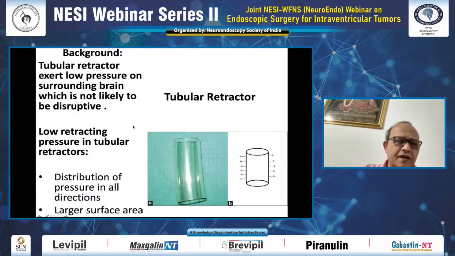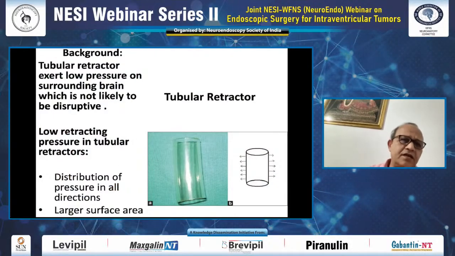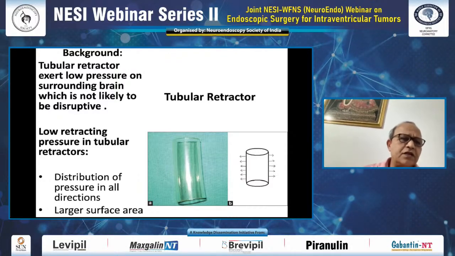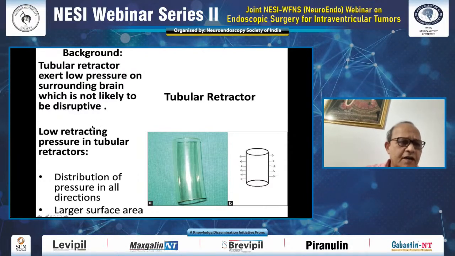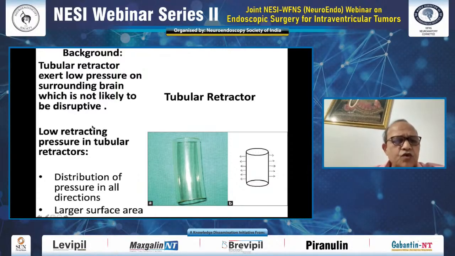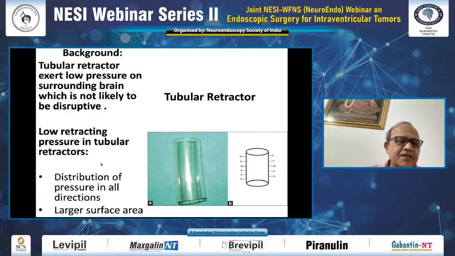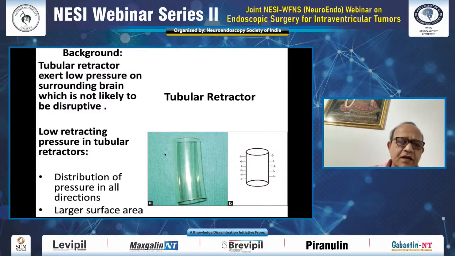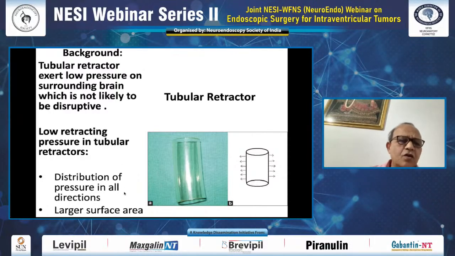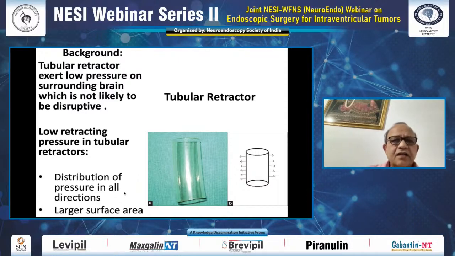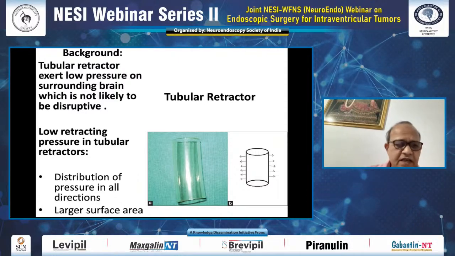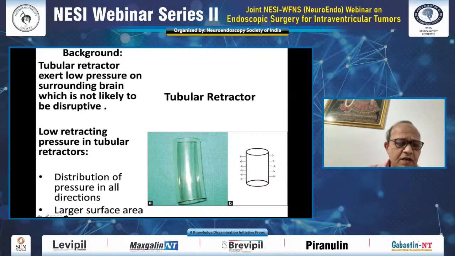Regarding the tubular retractor, we know that there is a low retracting pressure when you use tubular retractor, and this is because the pressure is distributed in all directions over the larger area, and therefore there is less chance of producing contusion.